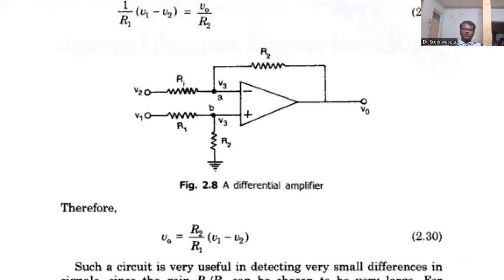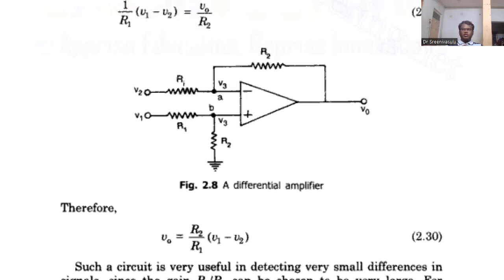If you observe here, we have applied two inputs, that is inverting terminal as well as non-inverting terminal. Voltage at non-inverting terminal is V1, voltage at inverting terminal is V2, and extra there is some circuitry. This simple circuit diagram acts as a differential amplifier.